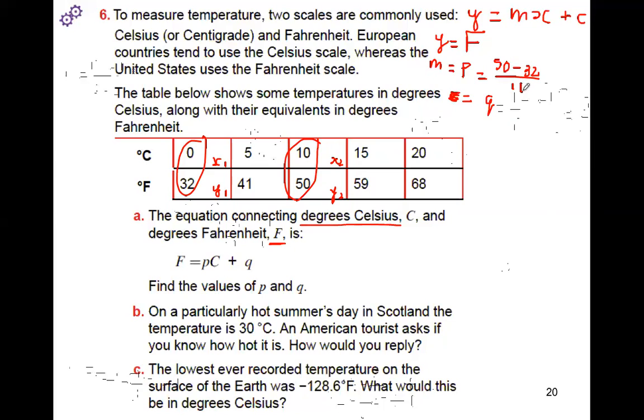So 18 divided by 10, and that is just 1.8. If you want, you can say, okay, I'm going to put 1.8 or 9/5 if you wanted to. It's up to you. You can write it as a fraction if you like to, or you can make it a decimal.